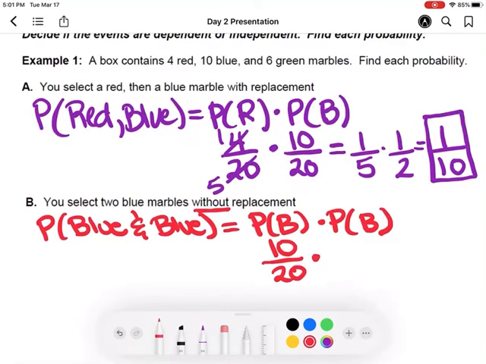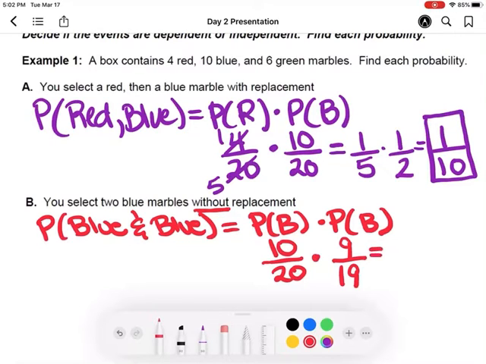Now if we keep that first blue marble out, what are the chances I would draw a second blue marble? I only have 19 marbles now, so my total is 19, and I only have 9 blue marbles in my box. So it's 9 out of 19, because remember, I didn't put that first blue marble back in.